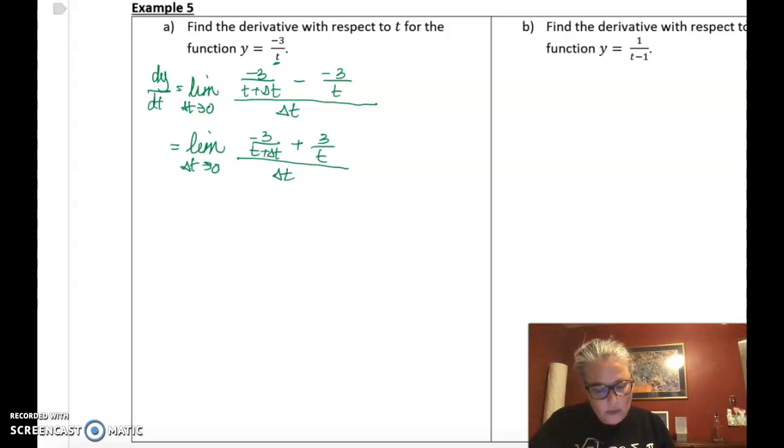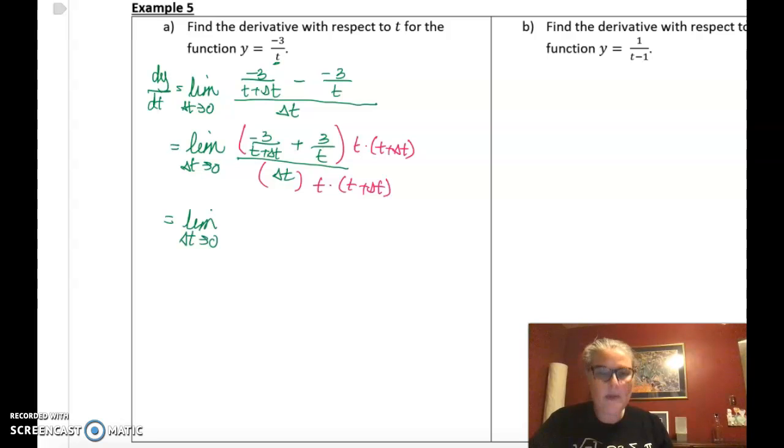We are going to multiply the numerator and the denominator by the least common denominator of the smaller fractions. In this case, it's going to be t times t plus delta t. And I have to remember to do that in both places. That is going to give me the limit as delta t approaches 0.